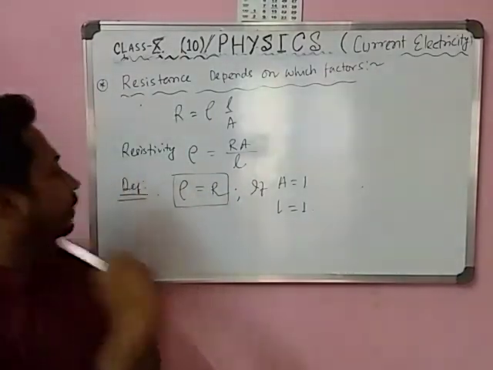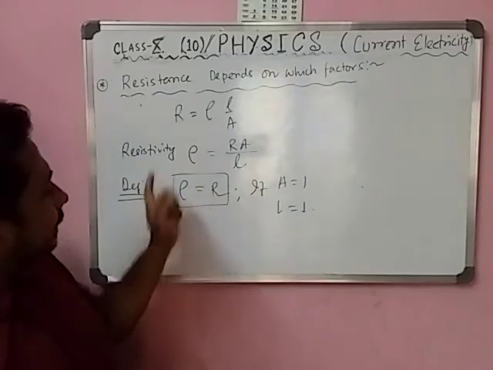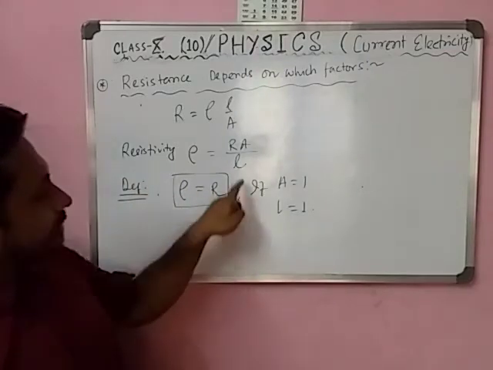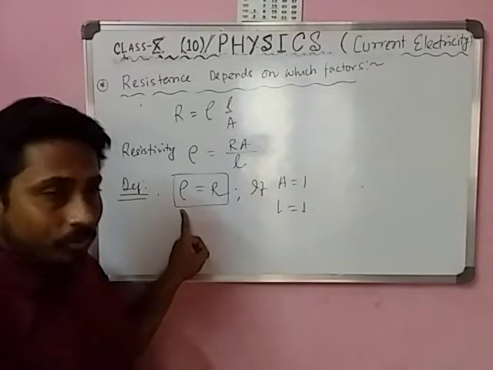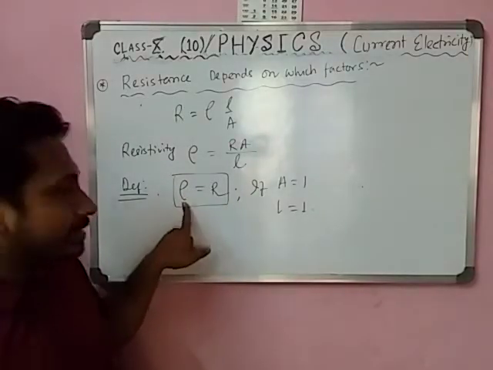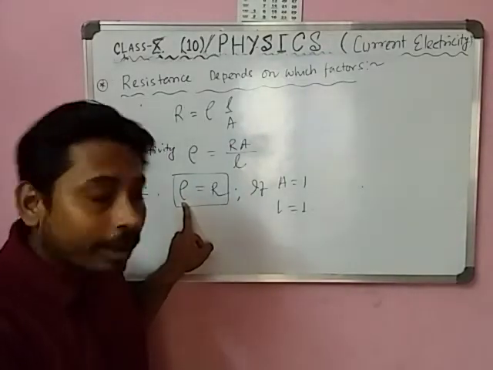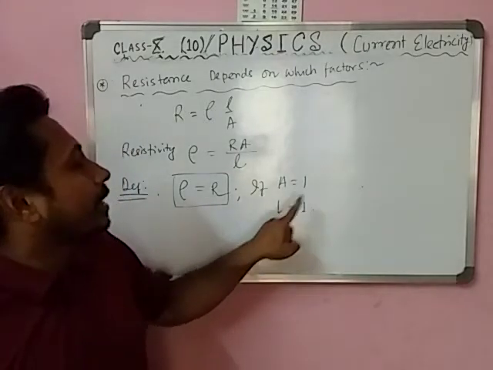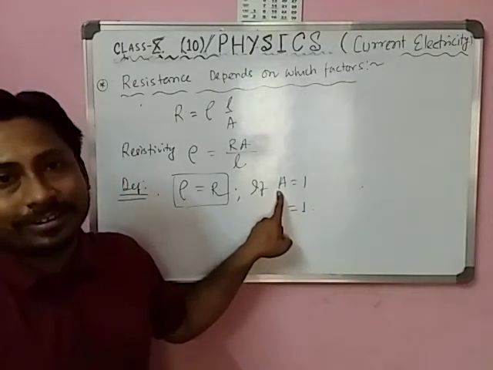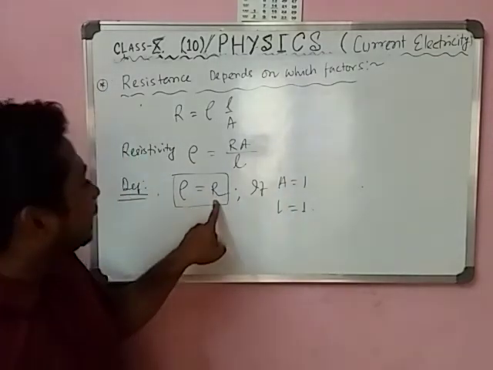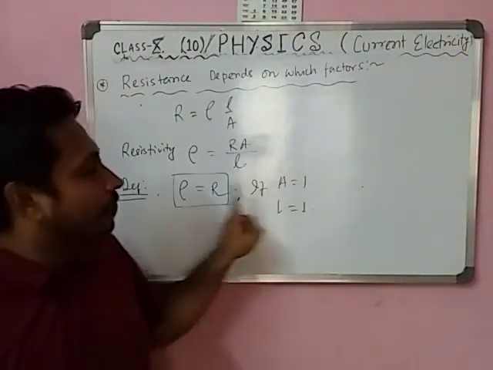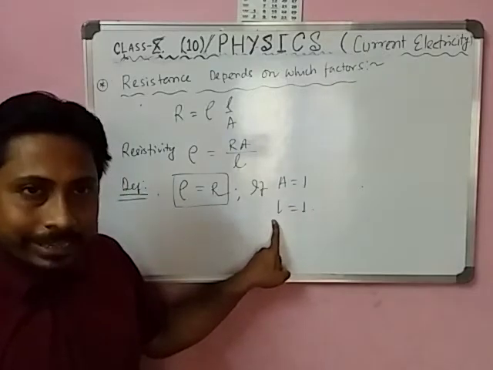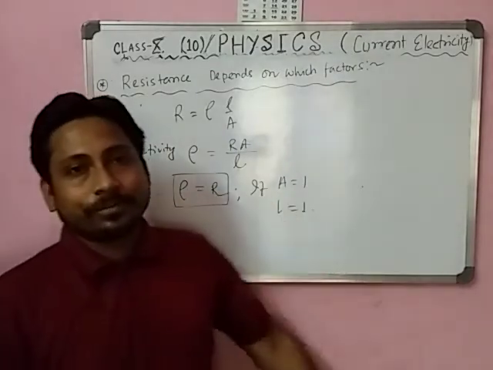Write down: resistance is the resistivity for unit length and unit cross section.